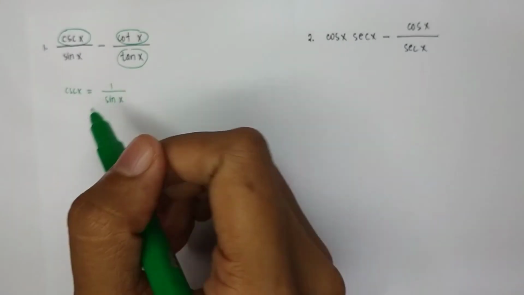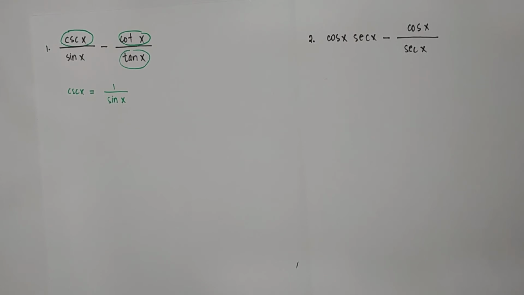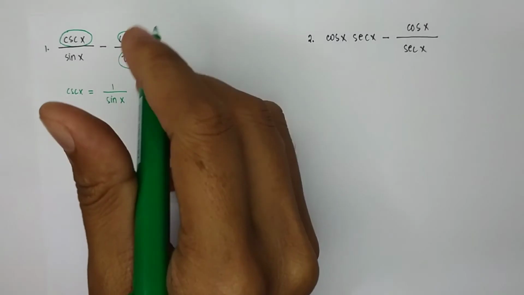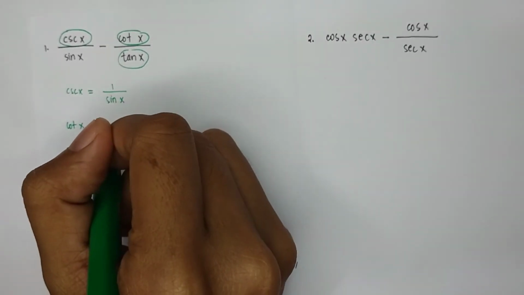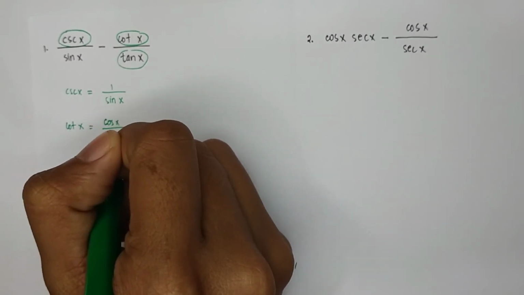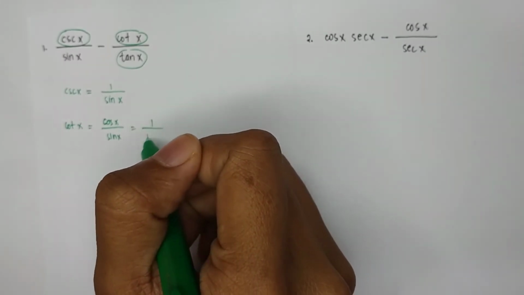That is reciprocal identity. Yung cotangent x natin, this is equal to cosine x over sine x, or pwede din itong 1 over tan x.